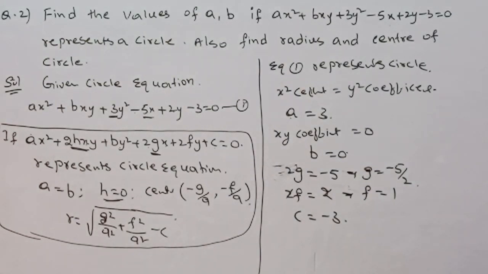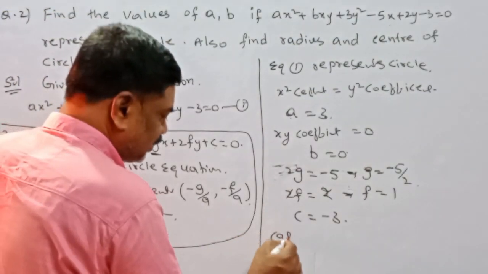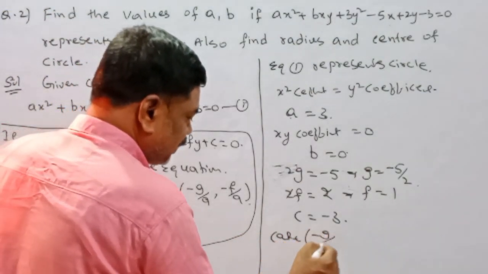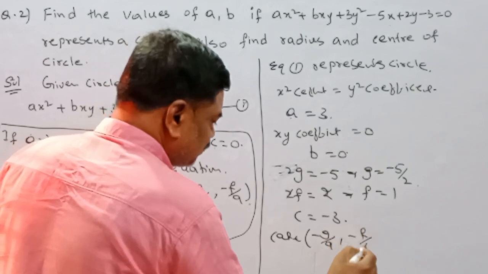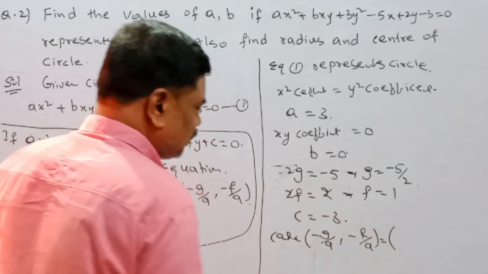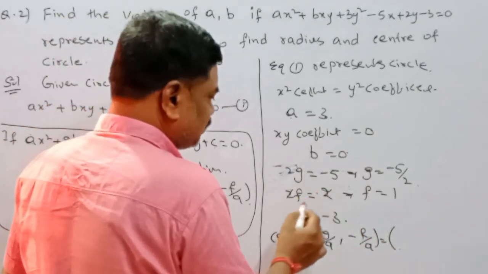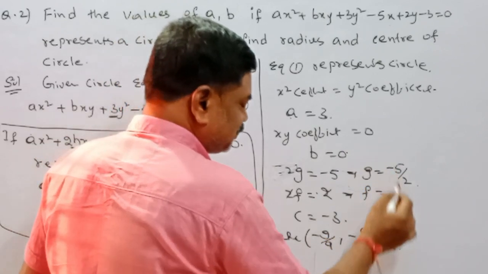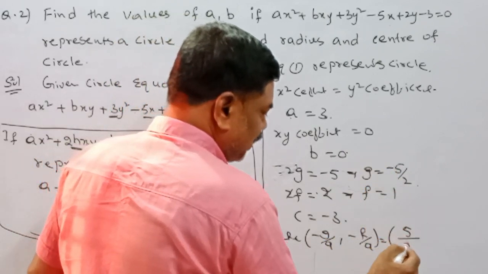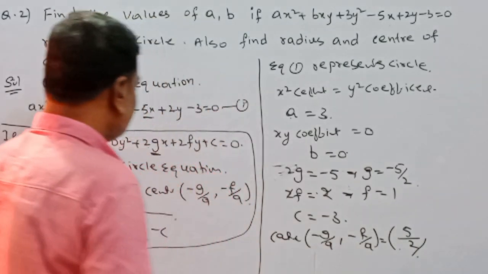Okay, all of you. Then what is the center of the circle and the radius of the circle? You find the center of the circle. Center is minus g by a comma minus f by a. What is g? Minus of minus 5 by 2, by a.